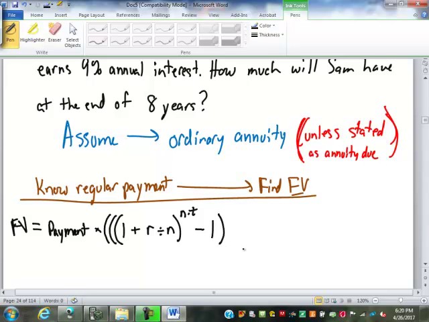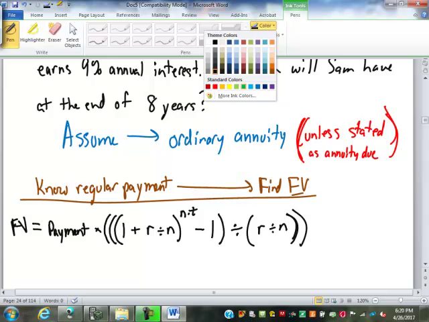Then we're going to close the parenthesis again. Divided by opening another parenthesis, r divided by n. Close and close.